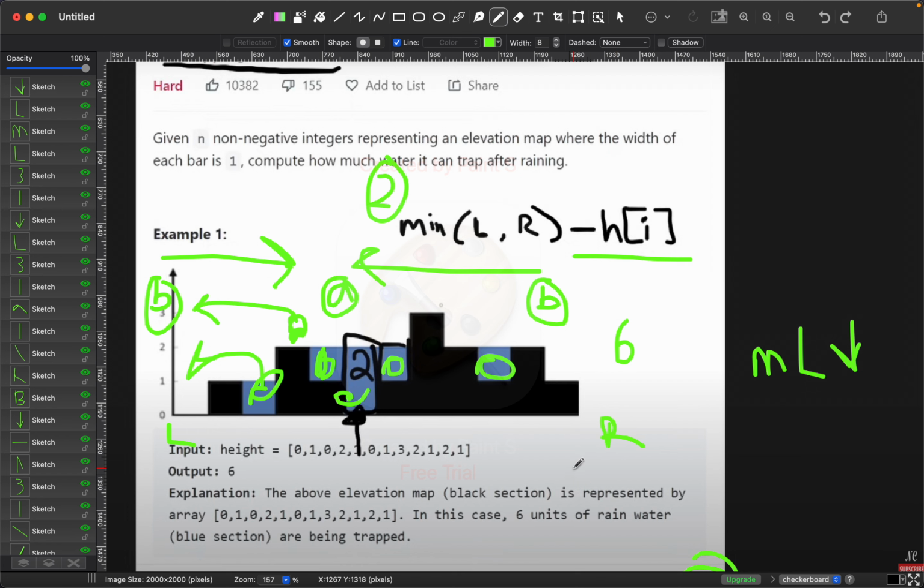So in this case, the starting point here is 1, and for here the max length is 0. So definitely we start by moving our L first. And then we reach a 1.